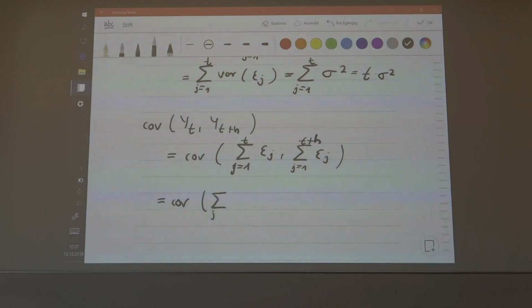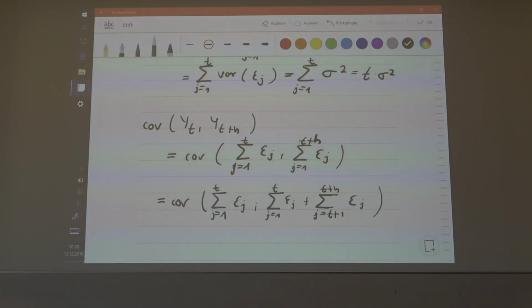The first one is the sum over j from 1 until t of the noise, and the second part is the sum over j from t plus 1 till t plus h.